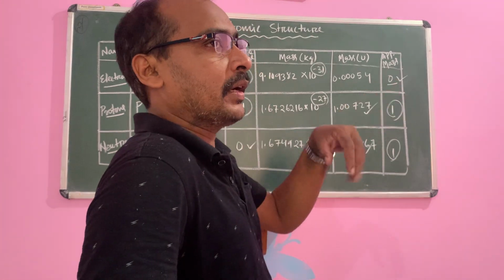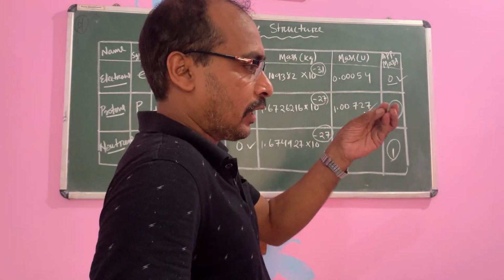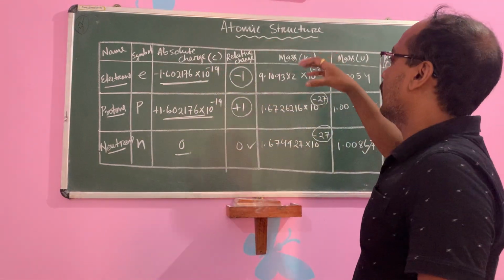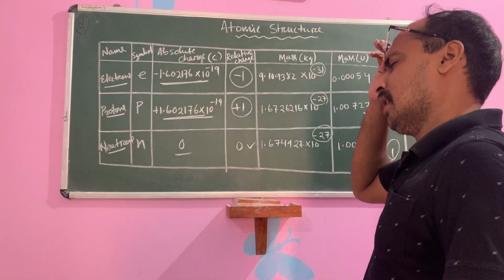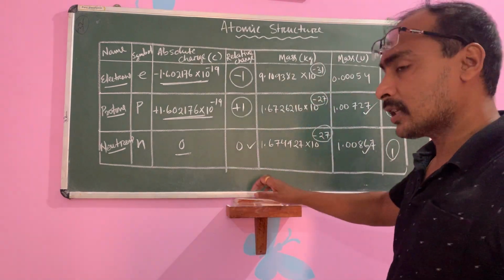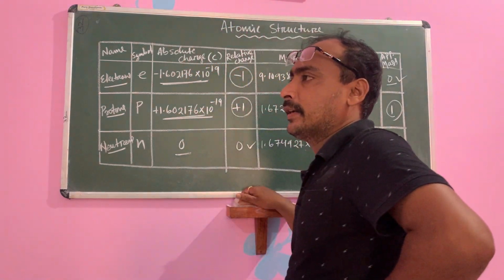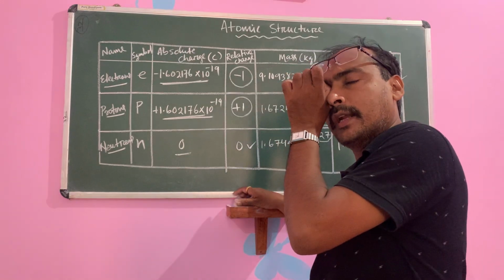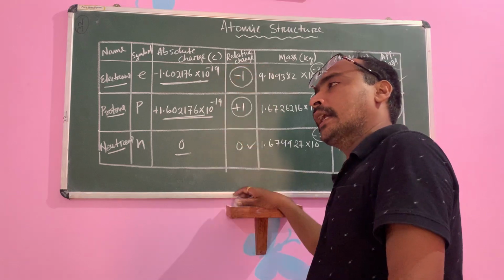Like this, all the particles were discovered one after another, and after that came Dalton's atomic theory. So in atomic structure, after Dalton's atomic theory, which has 6 postulates, first J.J. Thomson gave the model in which electrons are embedded in a positive charge sphere, like a watermelon. The red part, the edible part, is the positive charge, and the seeds of the watermelon are the negative charge.